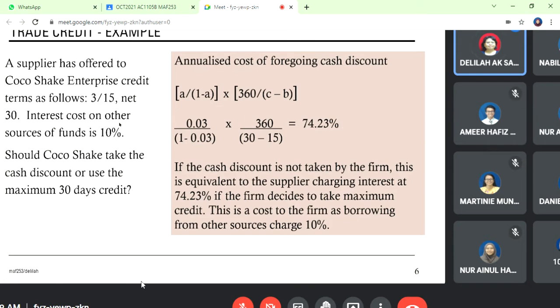If we borrow elsewhere, we pay interest at only 10%. So that is telling you that if you are the financial manager of Coco Shake, you should take the cash discount to avoid this 74% interest. If you want to borrow, it is better to borrow from another place, which is cheaper, at only 10% interest.